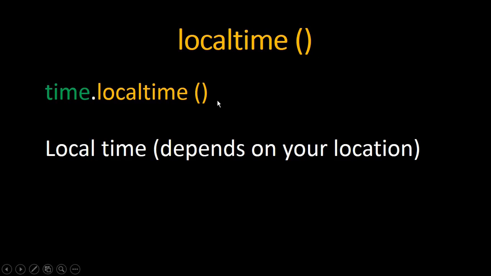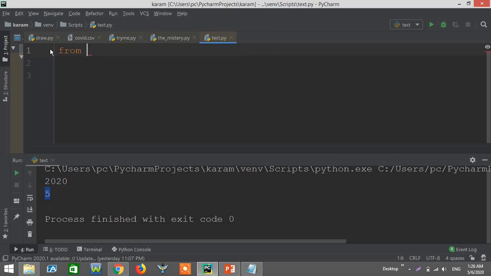In this method, localtime, we just print the local time depending on your location. From time, let's import localtime, assign to a the localtime, and print this a.